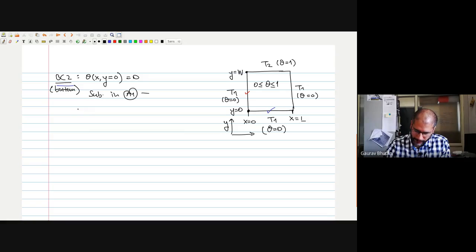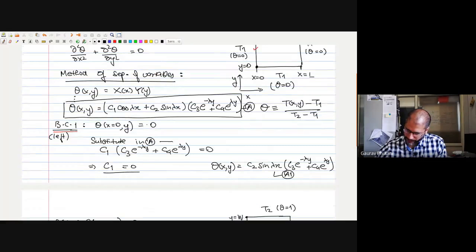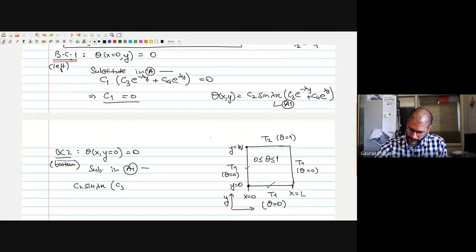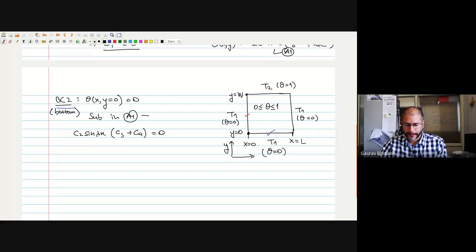So I'll have C2 sine lambda x times, then we had a C3 e to the power of minus lambda y, but y is 0 here, so this becomes e to the power of 0, which is 1, and the same happens for the second term as well. So this becomes C3 times 1 plus C4 times 1, which is 0. Okay, we have to satisfy this condition now.